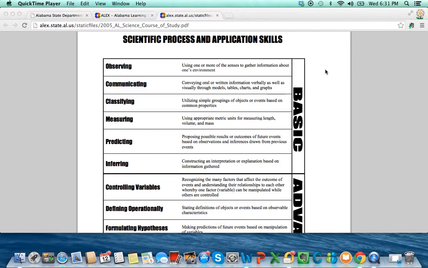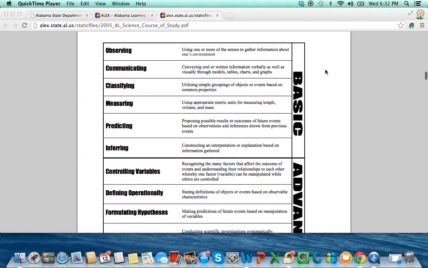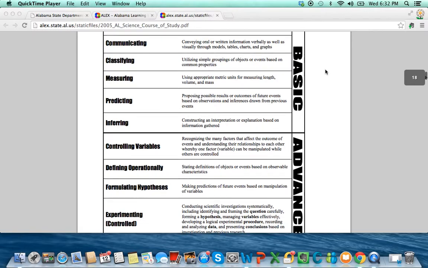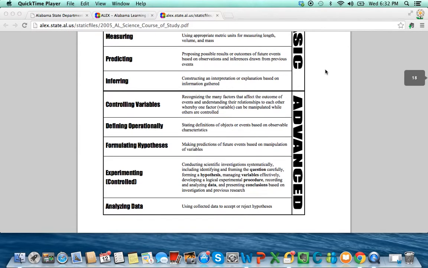And as you begin your career as a science teacher, I hope that one of the things that you will commit yourself to is that your students will do science versus just learning about the history of science, as we talked last week. I really don't have a problem with these lists of skills. As a matter of fact, if a teacher paid a lot of attention to making sure that these were incorporated into his or her classroom, I would be very proud for my granddaughter to be a student in that class.